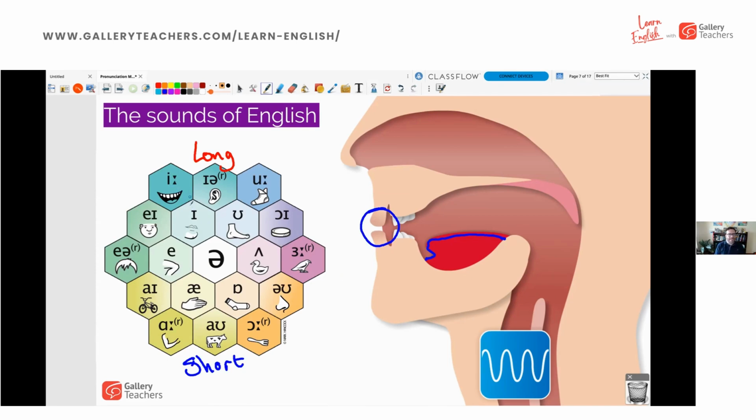Let's make the sounds together. E, E. Look how my lips are spread. E, A, air. Notice as well, as I move down these vowels, my mouth gets more open.